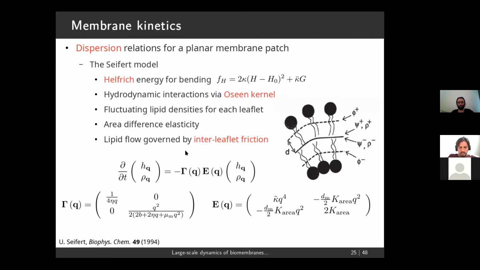And it basically boils down to a linear model for which, when we obtain the eigenvalues of this time evolution operator, we can get the time scales and the frequencies of the motion prescribed by this.